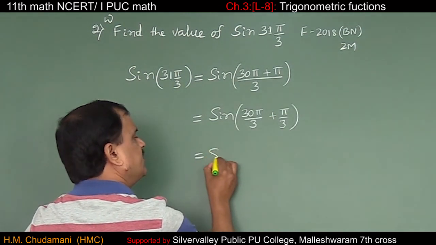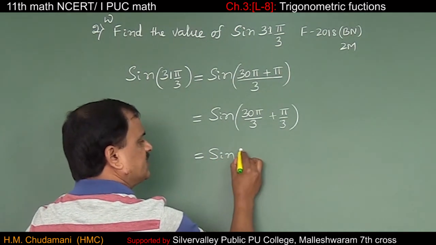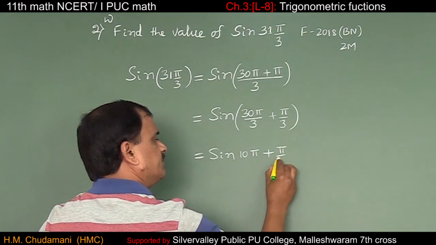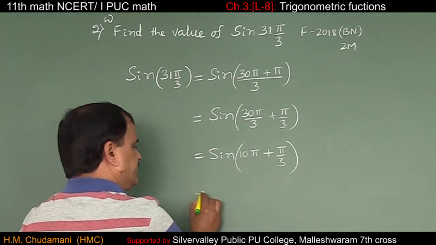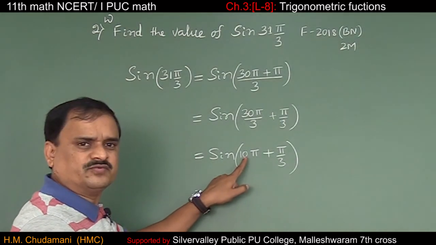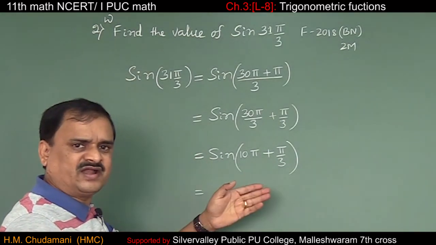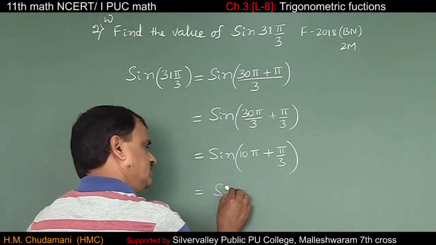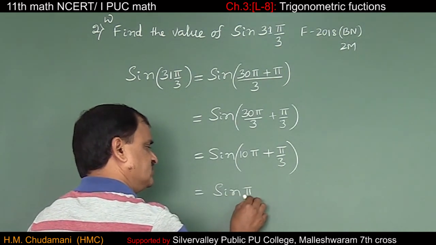This can be written as sin of 10 pi plus pi by 3. Even multiples of pi, like 2 pi, 4 pi, can be added or subtracted so that there is no change in the value. This is sin pi by 3.